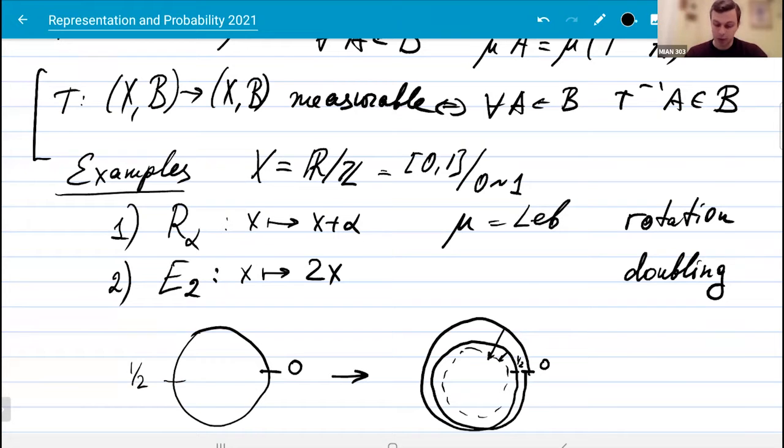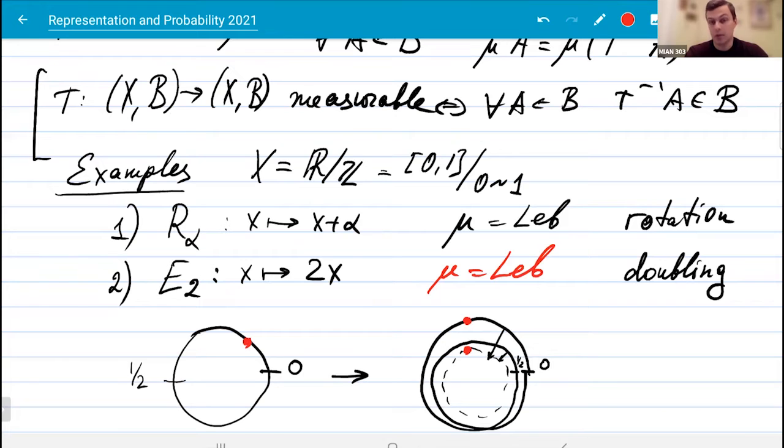So, for example, if you take a point somewhere here, then the angle is doubled, so it is about here, and so the image is this point on the circle. And the Lebesgue measure, again, is conserved by this map.